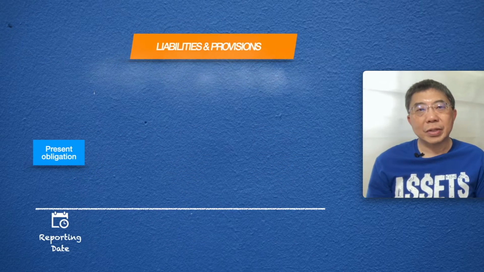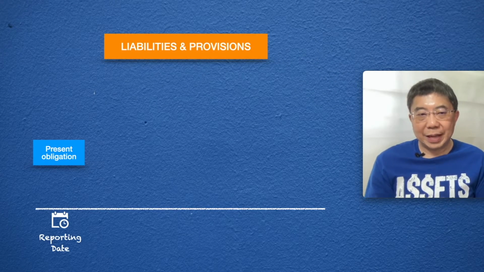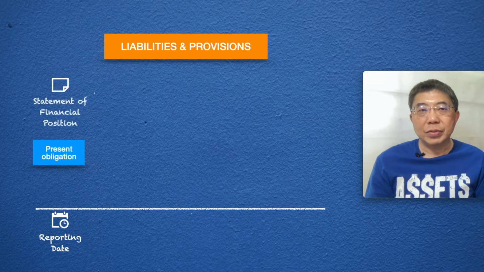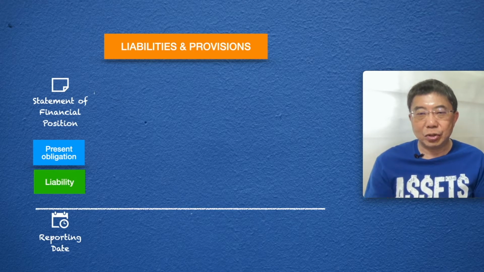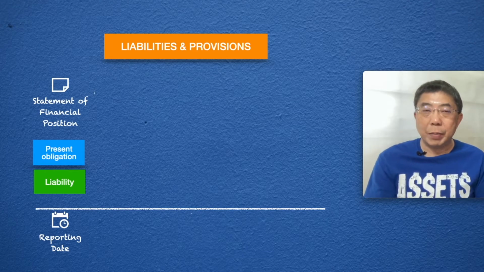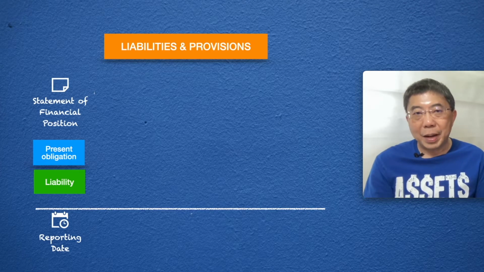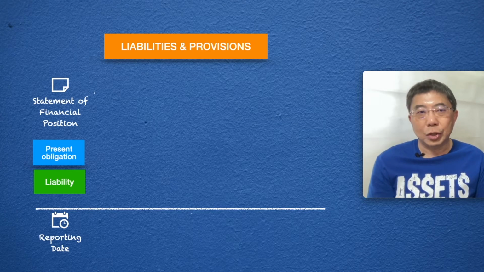So liabilities, including provisions, represent present obligations of a business at the reporting date. These present obligations will be reported in the statement of financial position as liabilities. They require the business to transfer economic benefits or economic resources to another party sometime in the future.